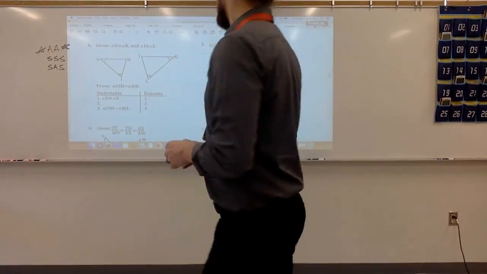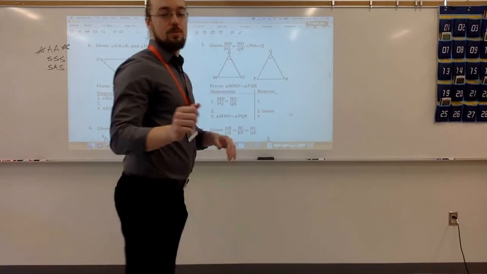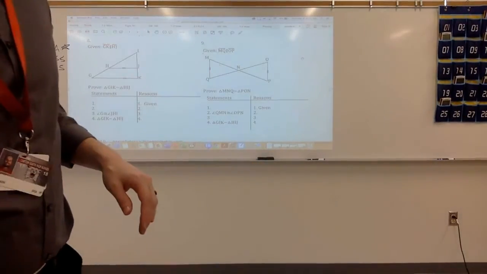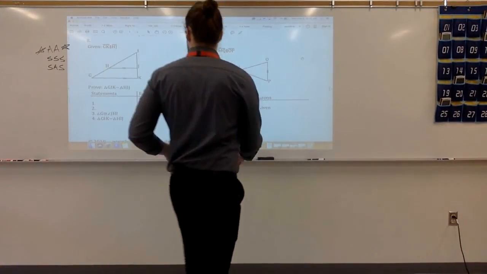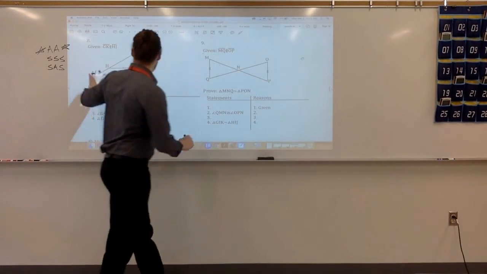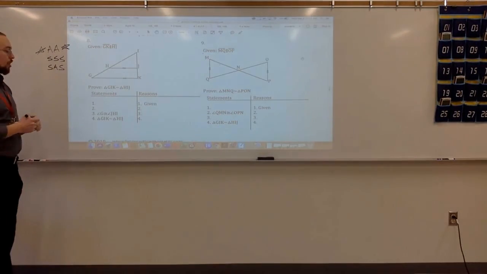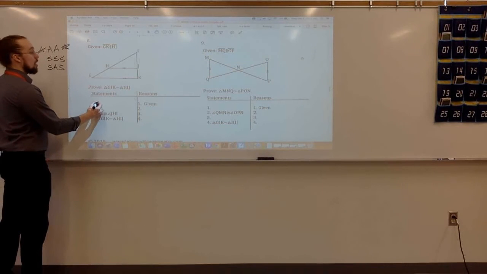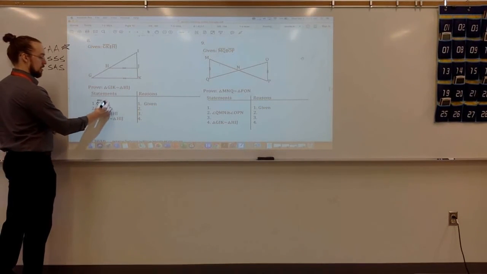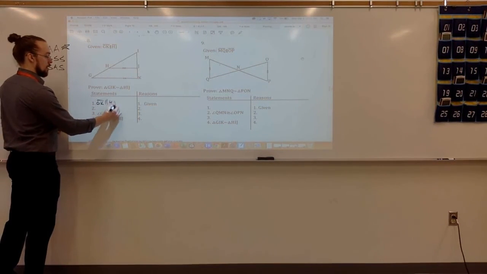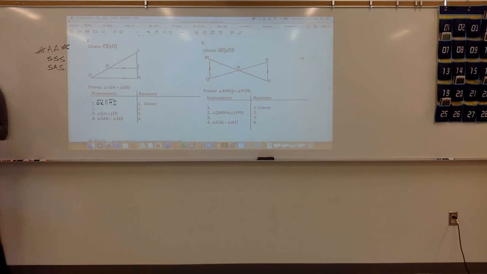So on number 8, I'm given that these two lines are parallel.